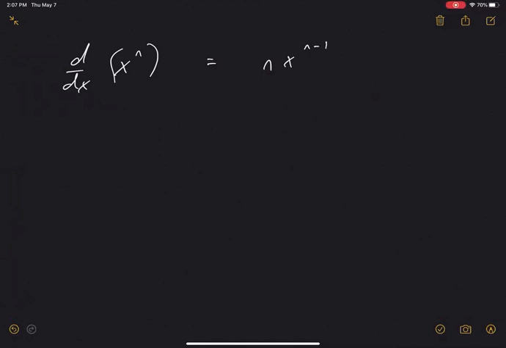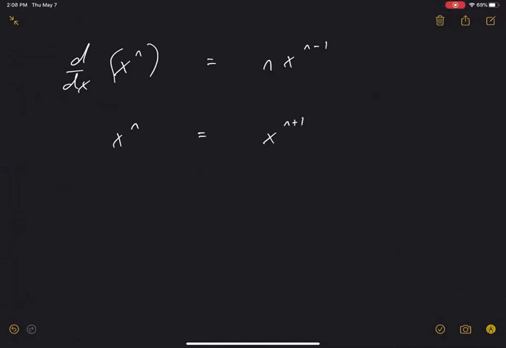All right, so what if I want to do the opposite of that? What if I have x to the n and I want to find its antiderivative? What am I going to do? Well, let's start with the exponent. Instead of subtracting 1, I'm going to add 1.